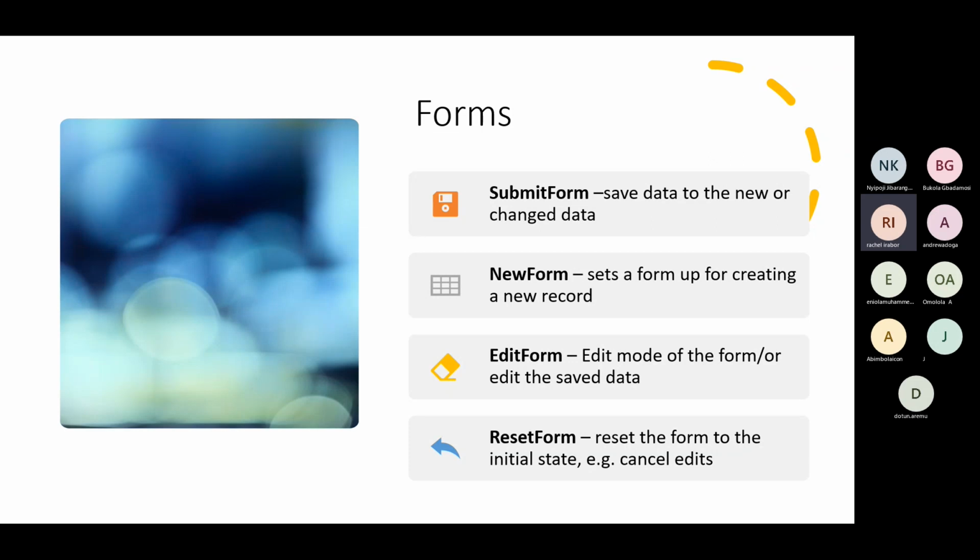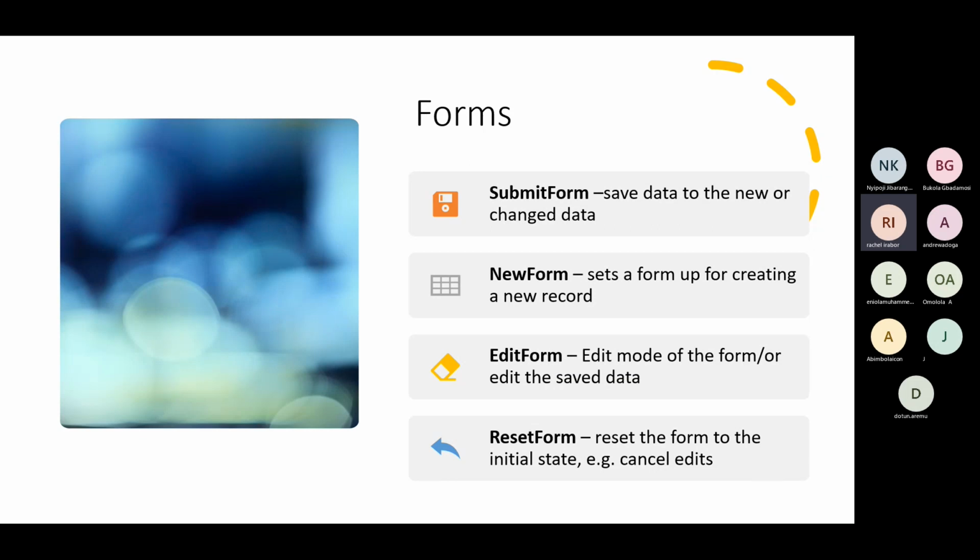So for all these functions you are seeing, after writing new form, I open a bracket, write the name of the form, and close the bracket. Then we also have edit form. For example, I already have my data and I want to edit that data.